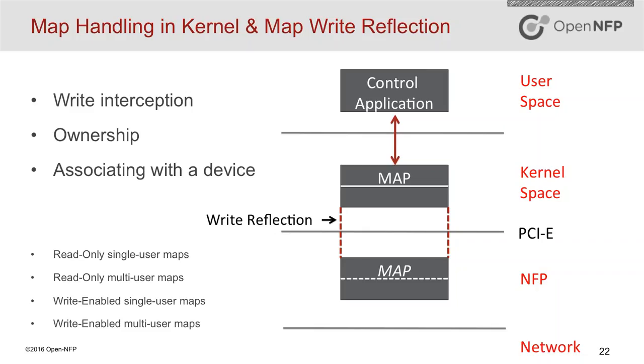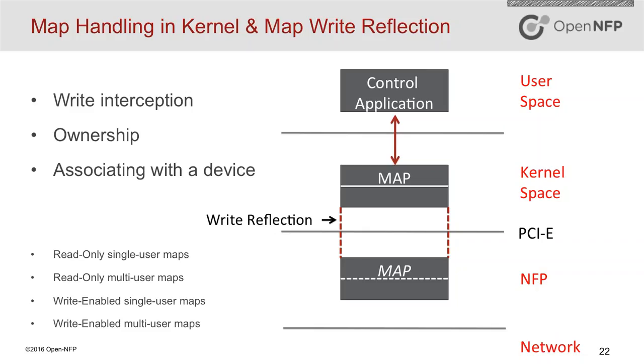But the map is accessed mostly by eBPF programs running in the kernel, and those programs can read and write the map as well. So if we want to offload eBPF programs which make use of maps, we have to make sure that the map is available both on the host and in the NFP memory.